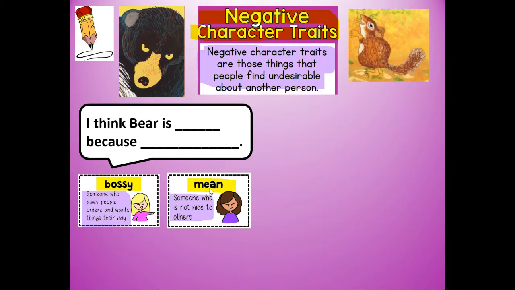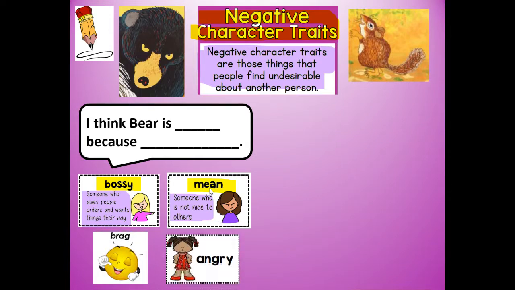So you could say, I think Bear is mean because he likes to brag or he's angry. So you need to choose, I think Bear is bossy because, and tell me why, or I think Bear is mean because, and tell me why. And you can use the words brag, he brags, or he's angry a lot.